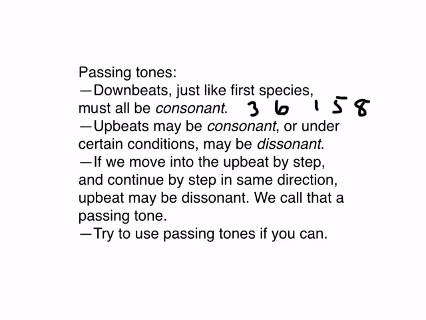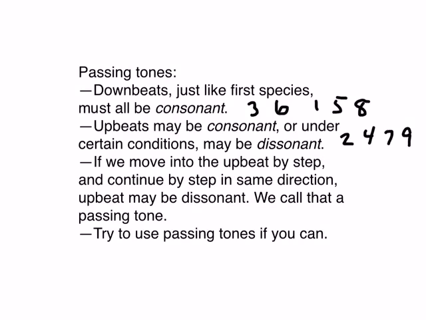The upbeats may be consonant, those intervals I just showed you, or under certain conditions they may even be dissonant. And if you remember, those were seconds, fourths, sevenths, ninths, or augmented or diminished intervals. If we move into the upbeat by step and continue by step in the same direction, the upbeat may be dissonant. We call that a passing tone.